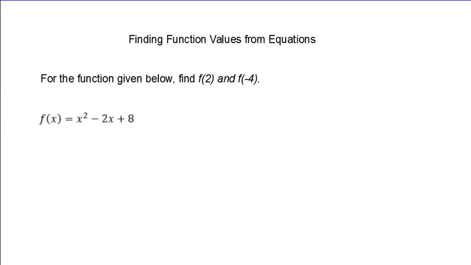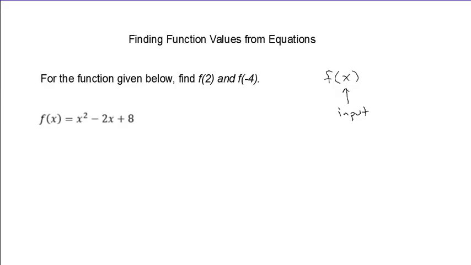Before we get started, I just want to remind you of something notational. When we have function notation, f of x is telling us that when I have x, this is my input.